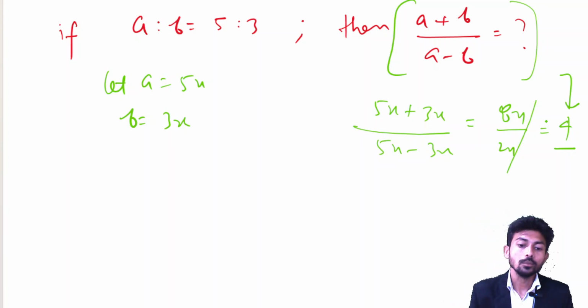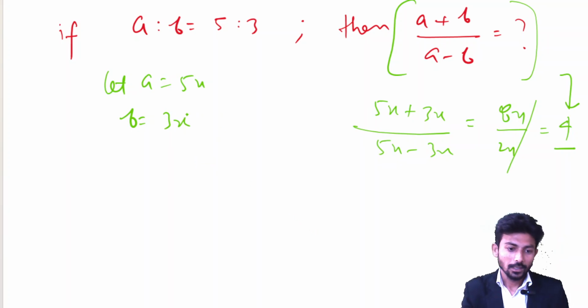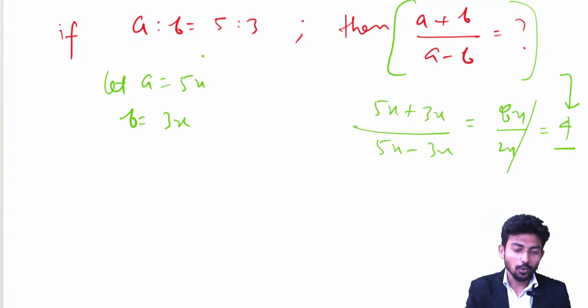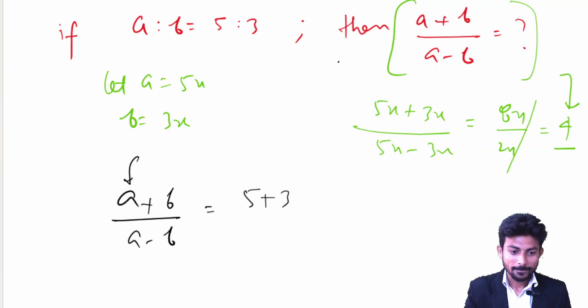Now in our method of aptitude, like how we approach such a problem, we do not write x there. If I know that I have to find out (a plus b) over (a minus b), I will assume a as 5 units only and b as 3 units only.